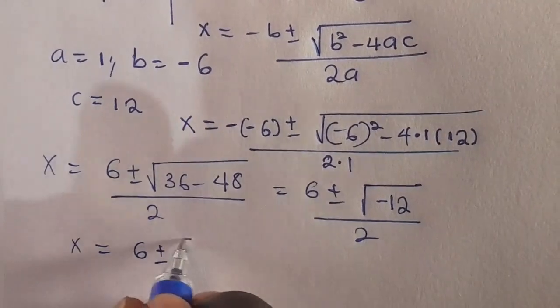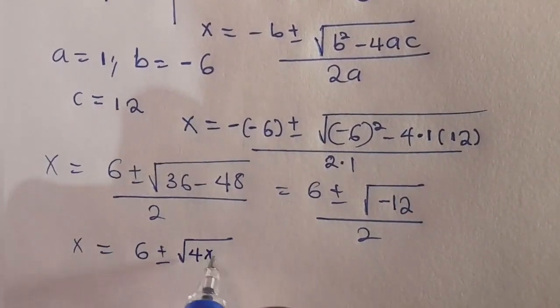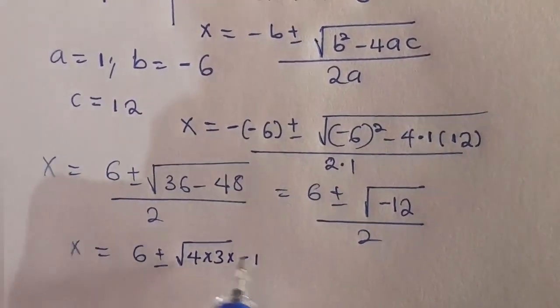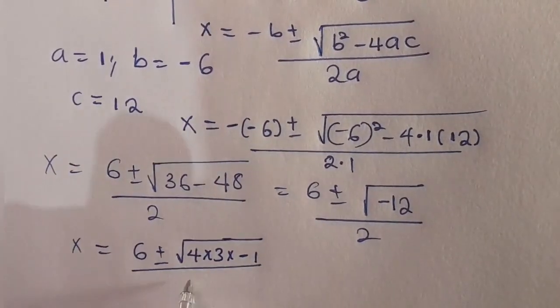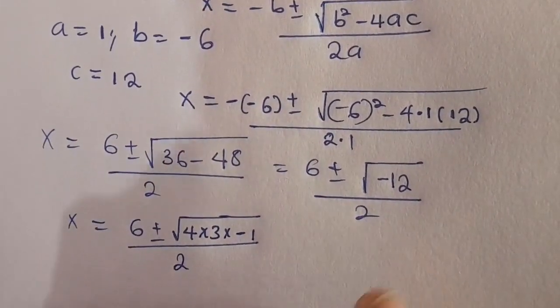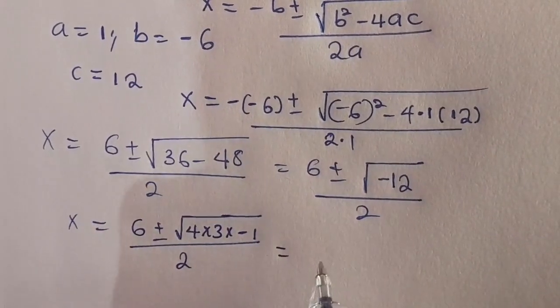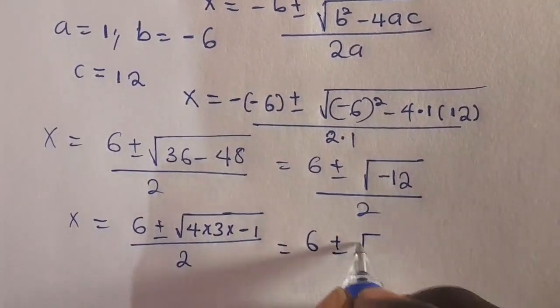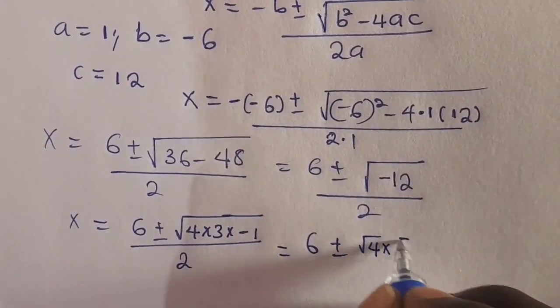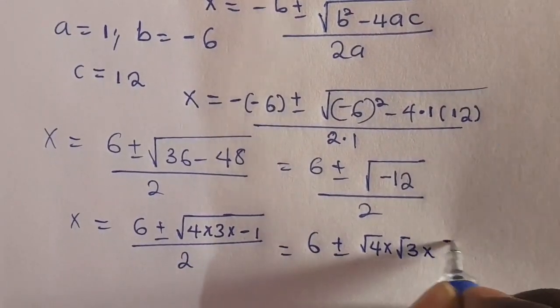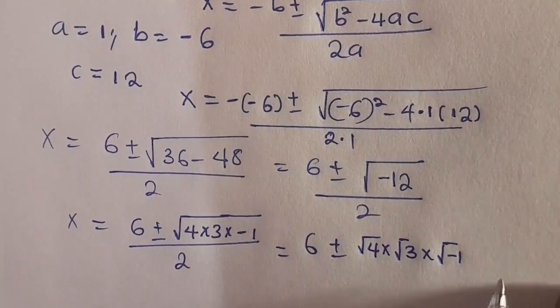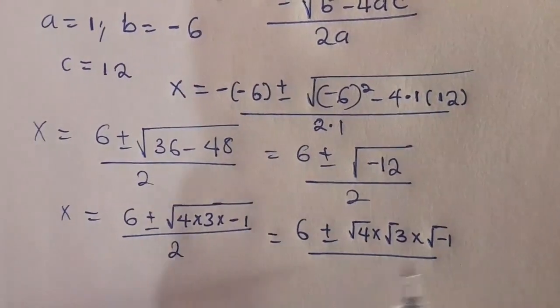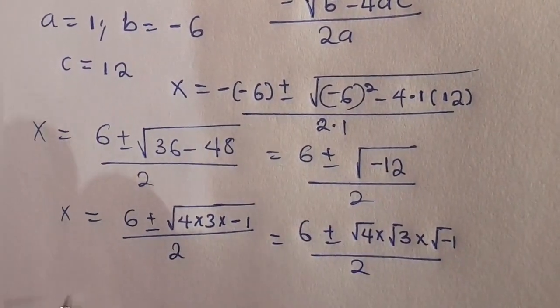We can simplify this as 4 times 3 times minus 1, then everything divided by 2, which is equivalent to 6 positive or negative root 4 multiplied by root 3 multiplied by root of minus 1, then all divided by 2.